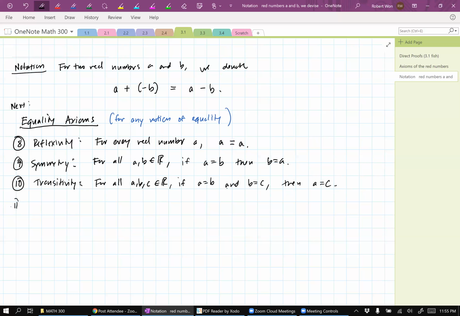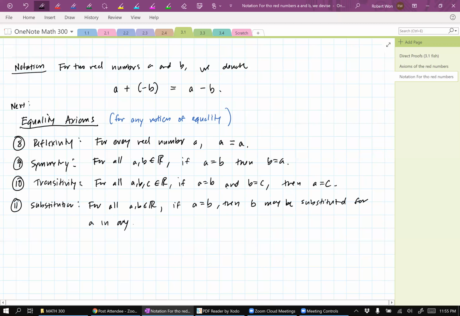Okay, and then the final equality axiom is called the substitution axiom. It says this: for all real numbers A and B, if A equals B, so if at some point you know that A is equal to B, then B may be substituted for A in any number of places within a mathematical statement without changing the truth value of that statement.